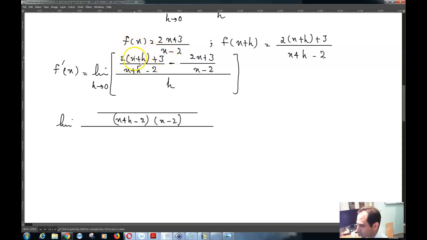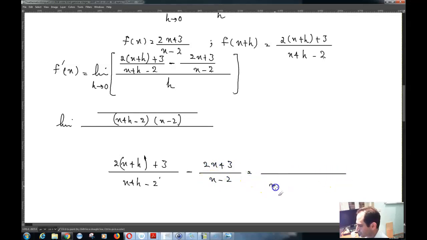Let me simplify this a little bit. So over here, the numerator, I have 2 times x plus h plus 3 over x plus h minus 2, and over here I have 2x plus 3 over x minus 2, and that is equal to x plus h minus 2 times x minus 2, and then over here I have 2x plus 2h plus 3.